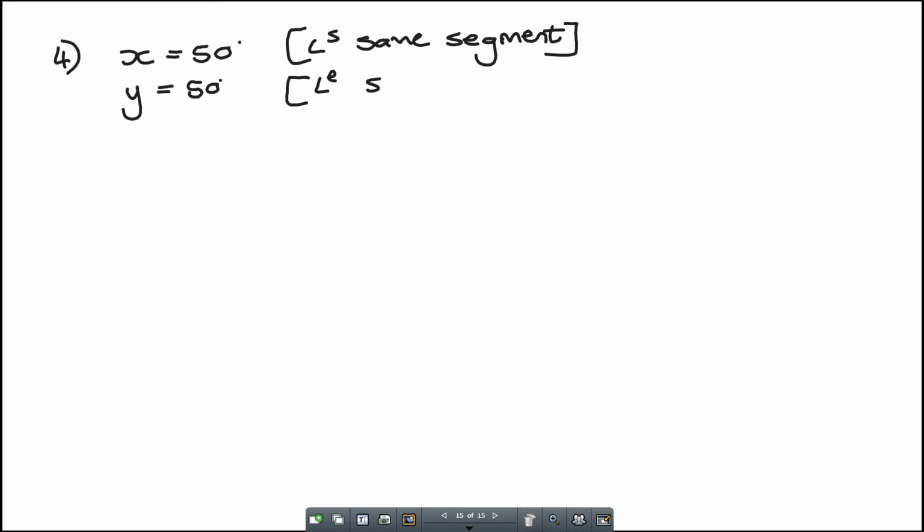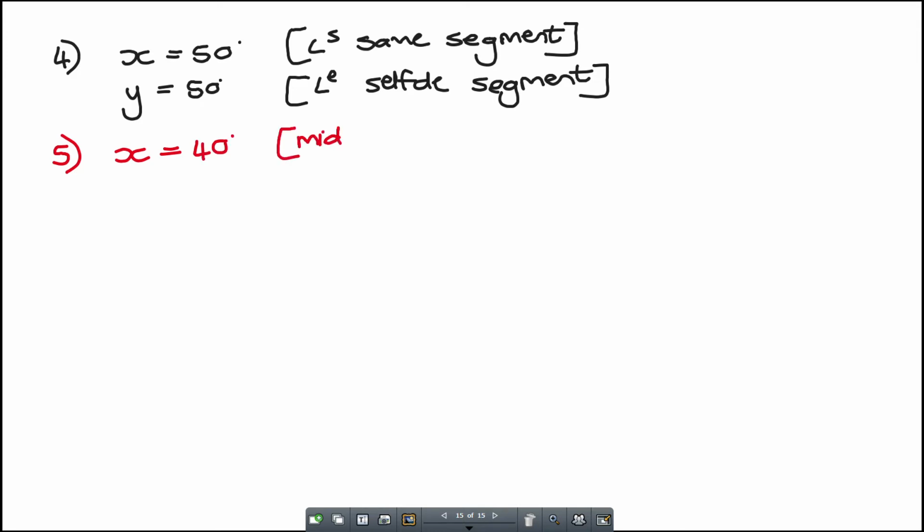Hoeke in selfde segment. Okay, lekker maklike weggee enetjie. Right, number 5, die eintlike ene. X is 40 en jou rede is daar midpoint angle is 2 times circumference angle.